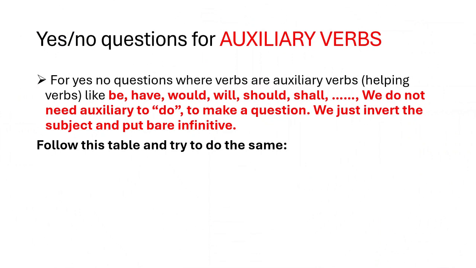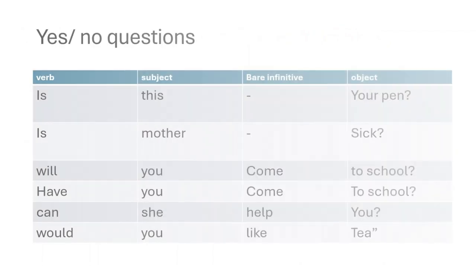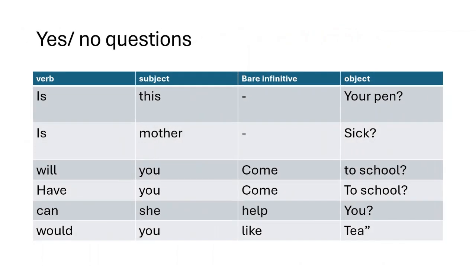Just invert the subject and put the bare infinitive where necessary. Follow this table. It will help you to make your own question sentences. You just try to imagine your own questions following this structure. We have verb, we have subject. Sometimes we can have bare infinitive and object.